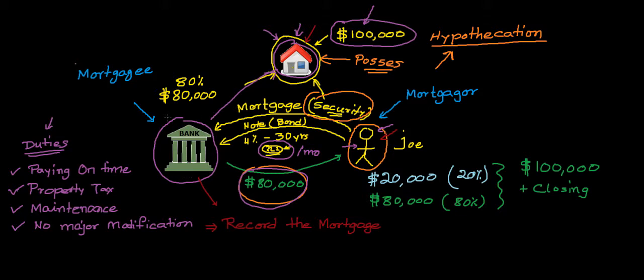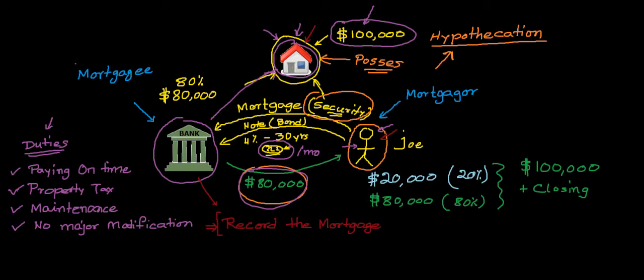A mortgage is nothing but a type of lien. The second and other mortgages get priority based on the document recorded in the government office. So the local authorities should have a record of this mortgage. That is the duty of the lender.